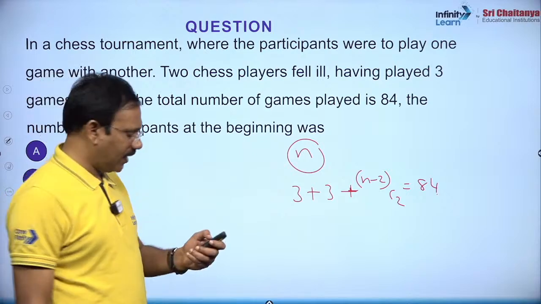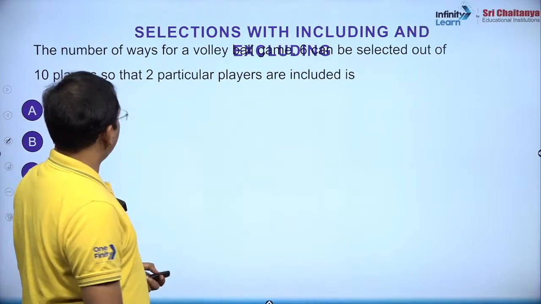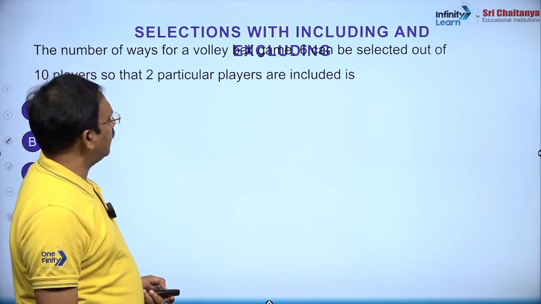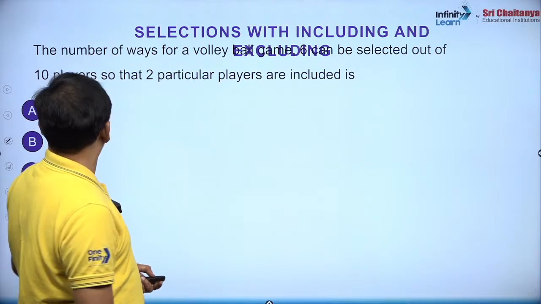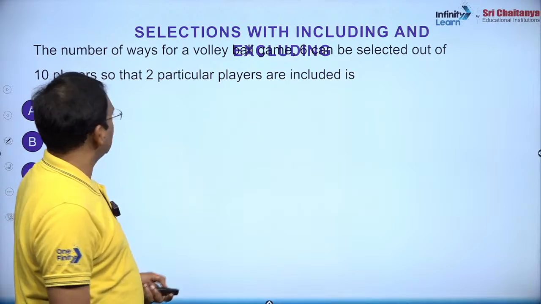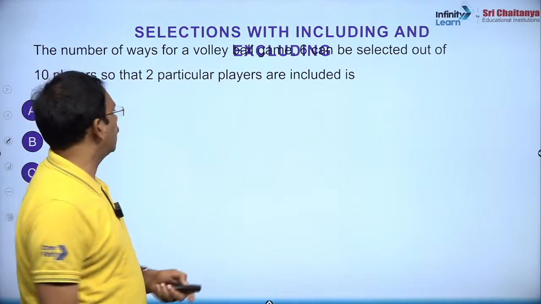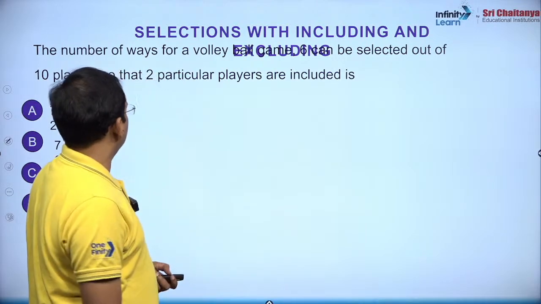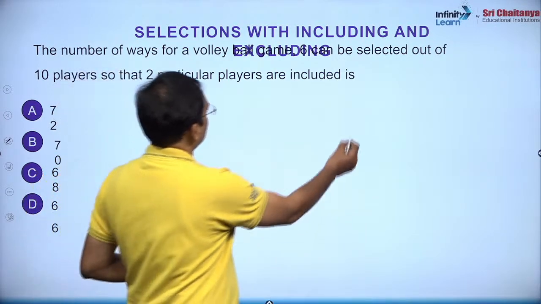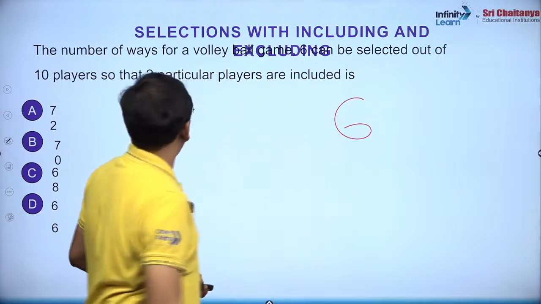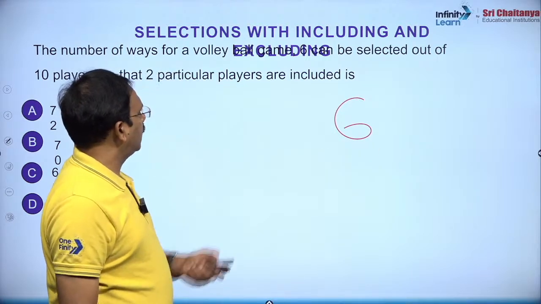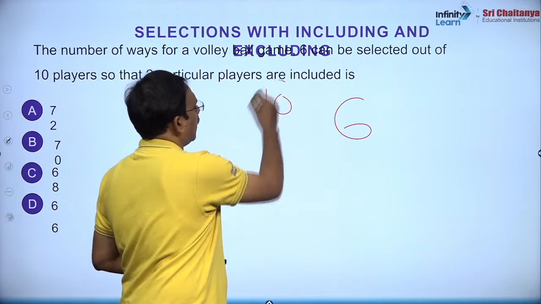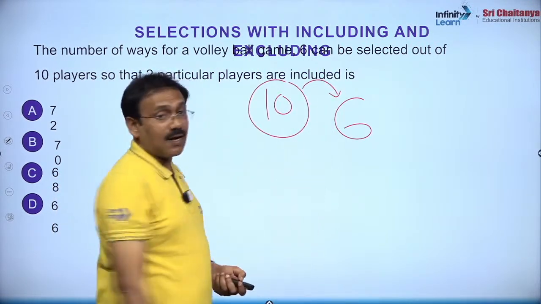ओके, देखिए एक क्वेश्चन, the number of ways for a volleyball game, 6 can be chosen, selected out of 10 players so that 6 particular players are not included. A 10 से हम 6 members को select करना पड़ेगा.